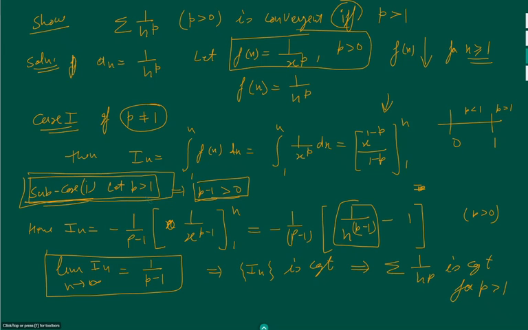Now we consider the subcase when p is less than 1. Subcase 2: if p is less than 1, this would imply that 1 minus p is positive, right? p minus 1 would be negative, means 1 minus p is positive.